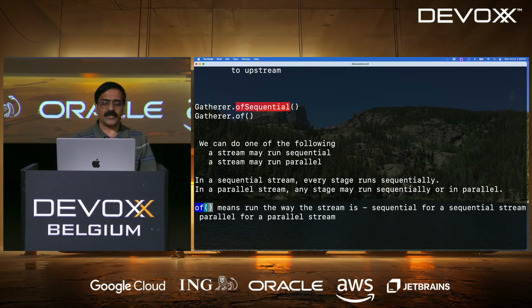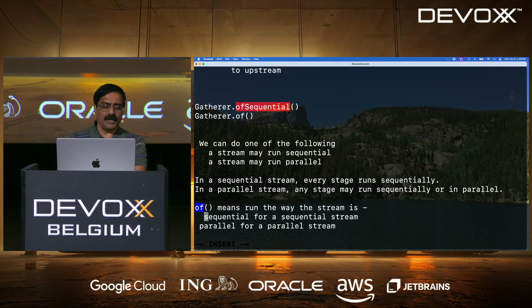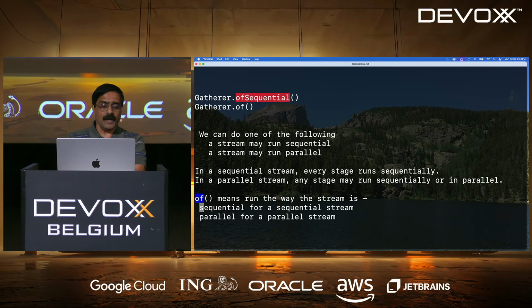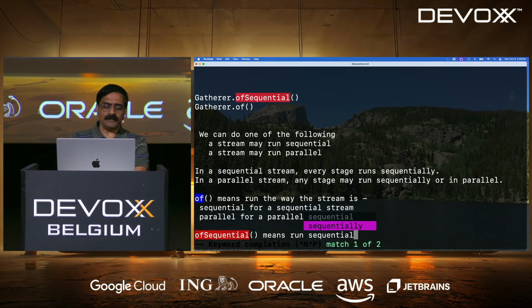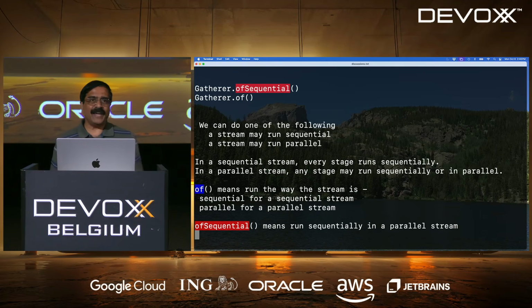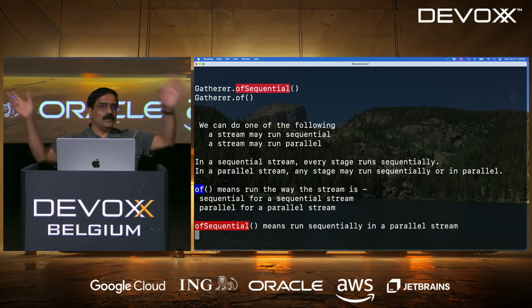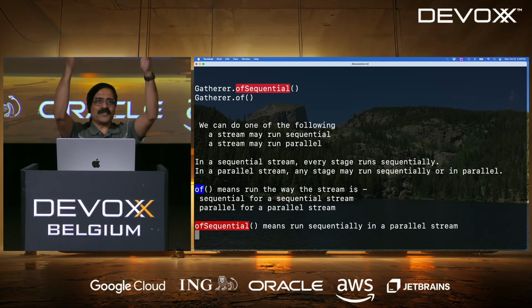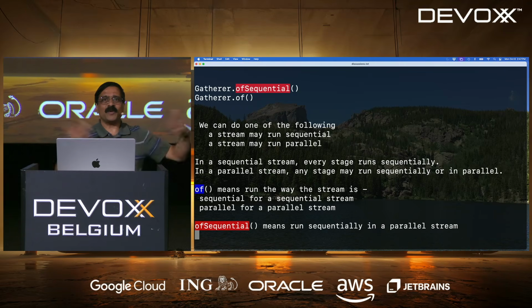On the other hand, off sequential means run sequentially in a parallel stream. So why? Because I can't just throw things in parallel out. Now you know why they don't have off parallel. Because you cannot suddenly say, woo, I'm parallel, right? If you're in a sequential stream, you cannot just become parallel. So that's why you don't have off parallel.